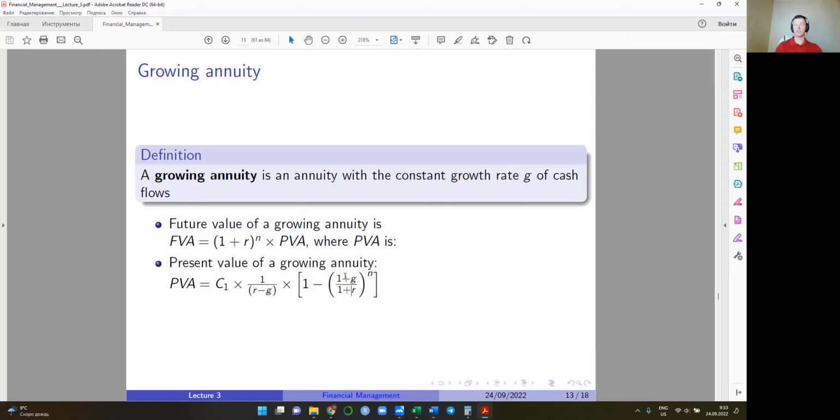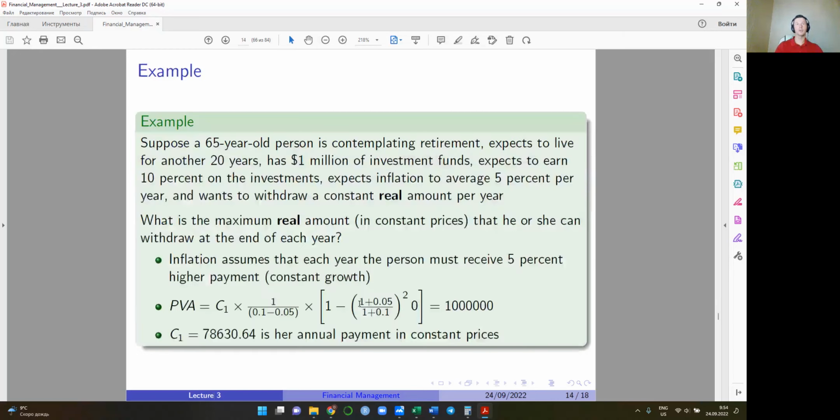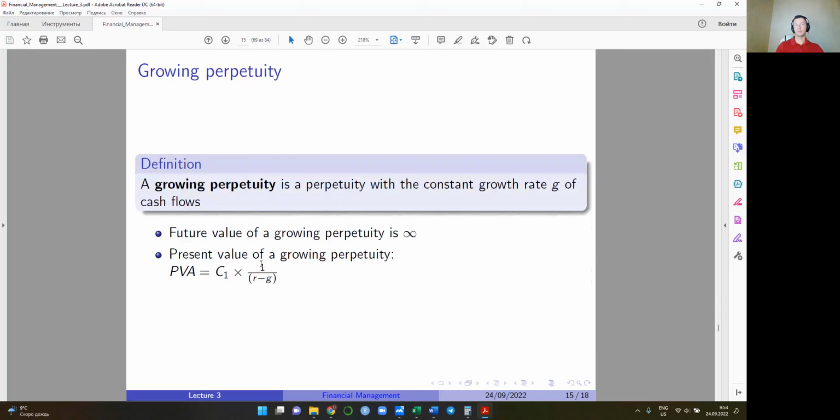When this number less than 1 is raised to the power of n and n goes to infinity, the whole term shrinks to 0. And the whole term shrinks to 0, 1 minus 0 is 1, sorry, and this term is left. That's how you can simply derive from the previous knowledge the expression for the present value of a growing perpetuity. It's here.